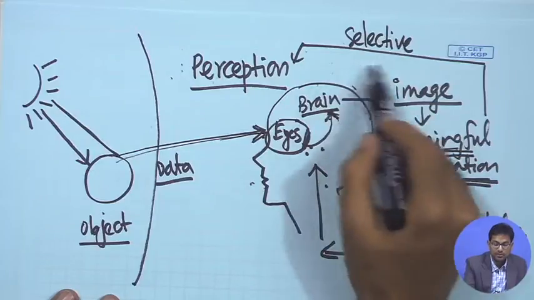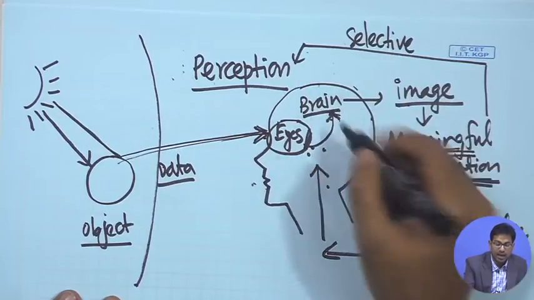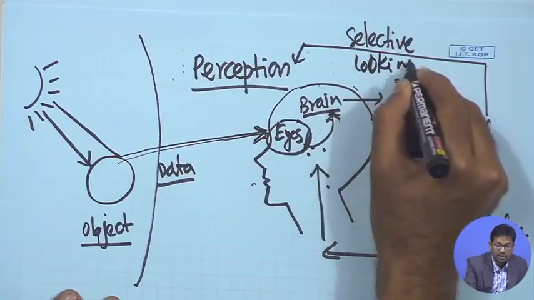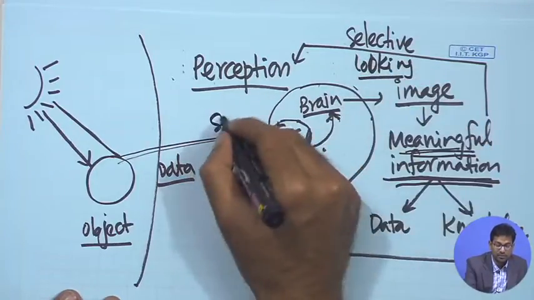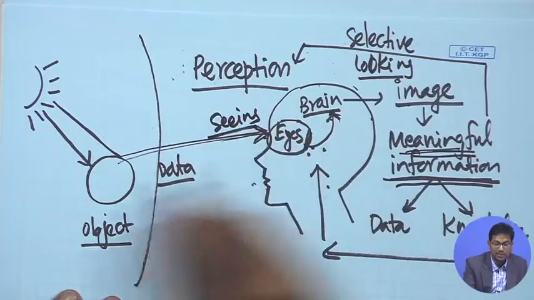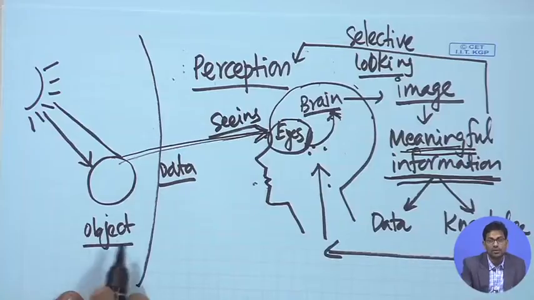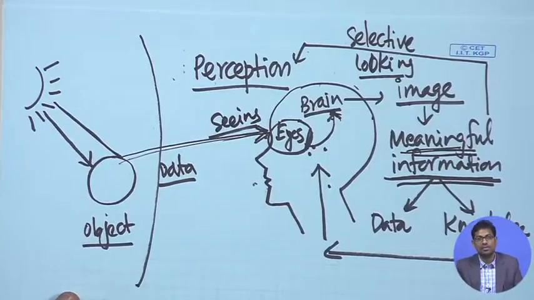So you are seeing it all, but you are looking at, or you have perceived, only a few things for your particular requirement or need.